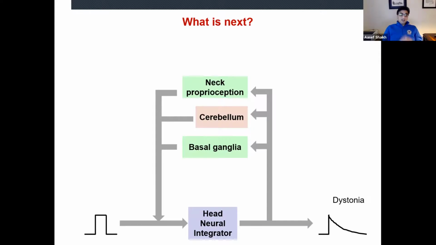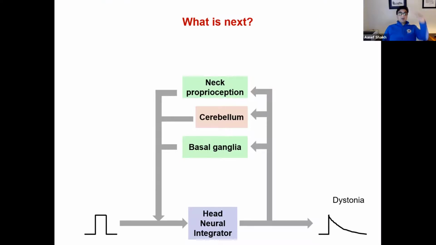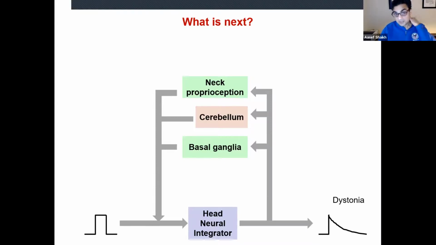So with all this, what we could tell is that in cervical dystonia, the problem was with the head neural integrator. The problem was not the integrator itself, but one of the sources of the feedback. Now, in dystonia, these sources of the feedback are the proprioception that comes from the neck muscles, the cerebellum, and the basal ganglia, right?